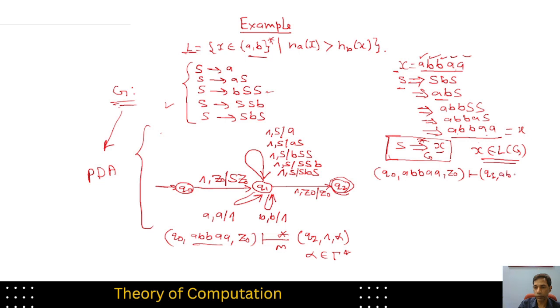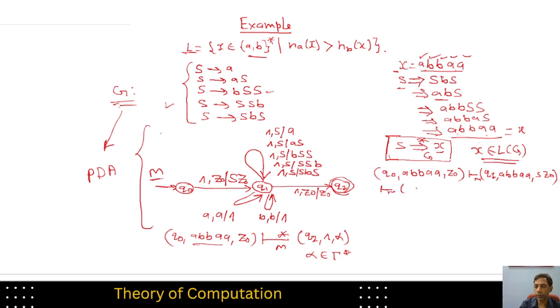So the input is A double B double A, and here you are pushing S onto the stack. So S Z0 this becomes. And from this configuration, assuming that this is the move M, you can write it here.